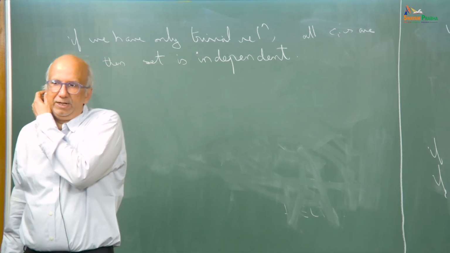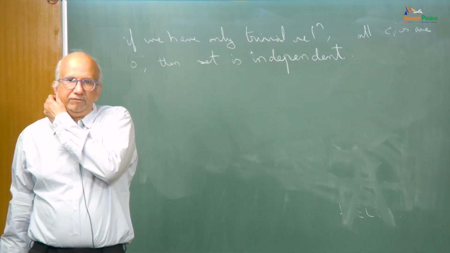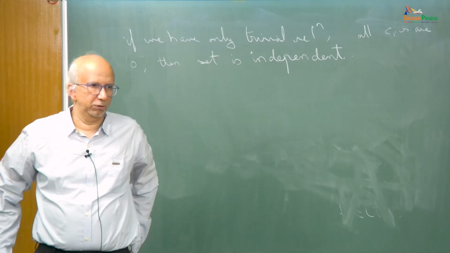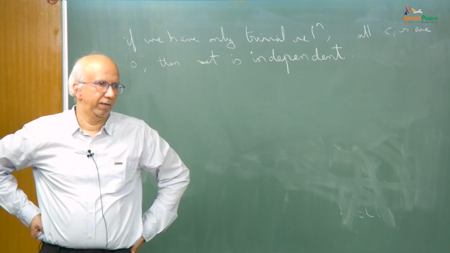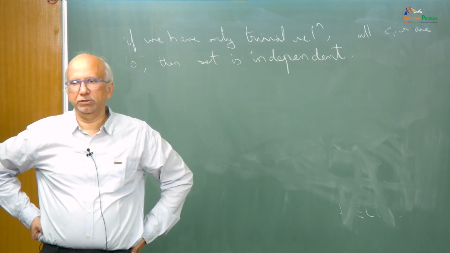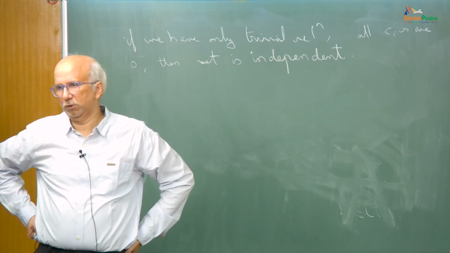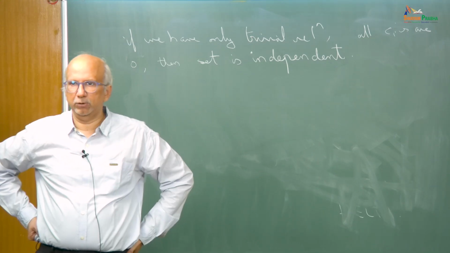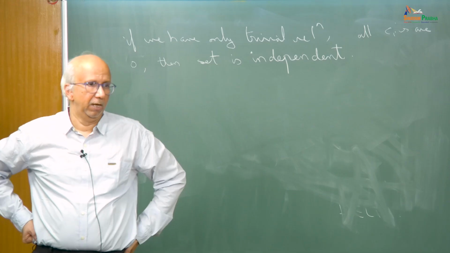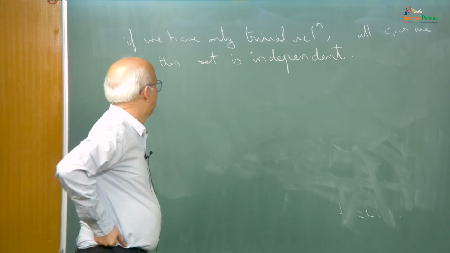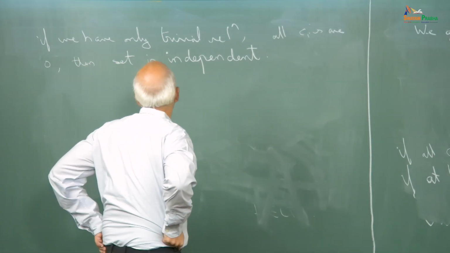So, I have an independent set if, for that, I need to do this sum of ci ui and see if I can get a non-zero solution. If I cannot get a non-zero solution, if I can get only ci equal to 0 as a solution for all the i's, then I say this is independent.